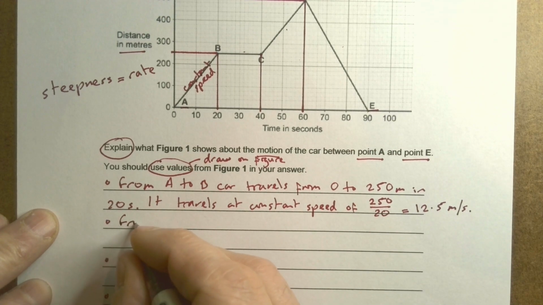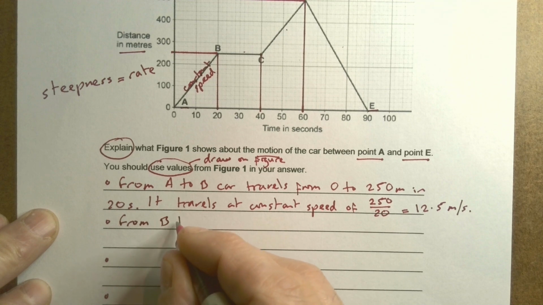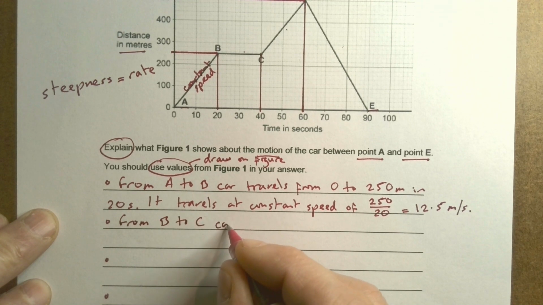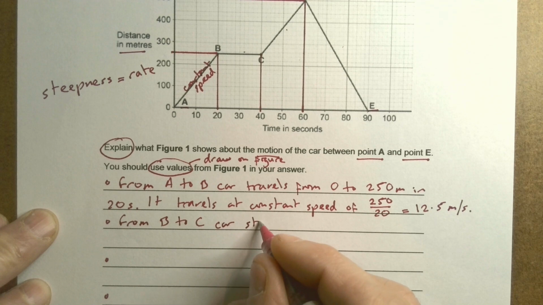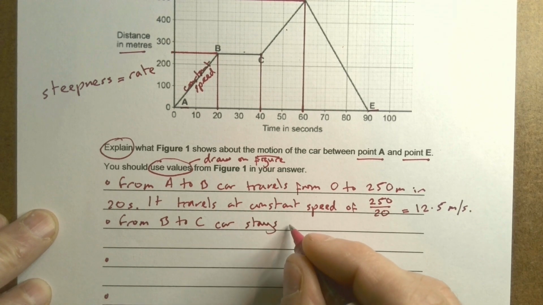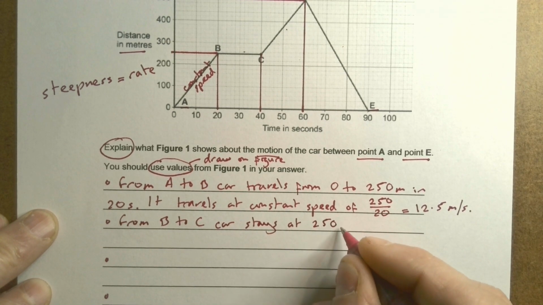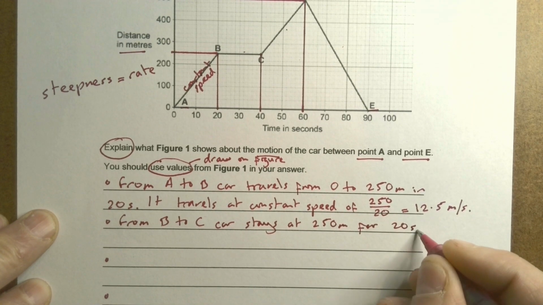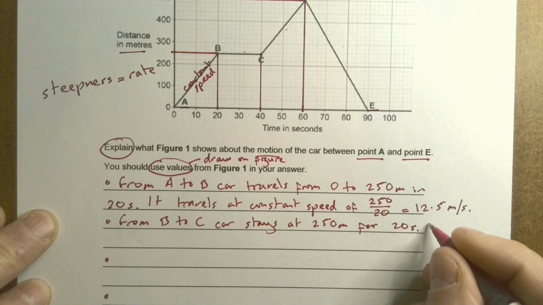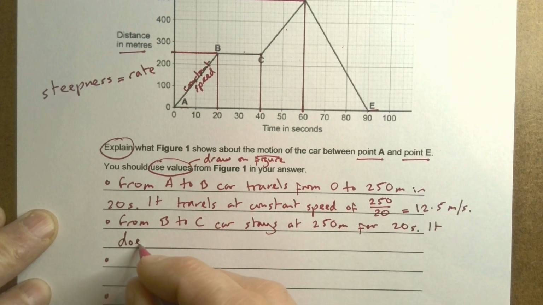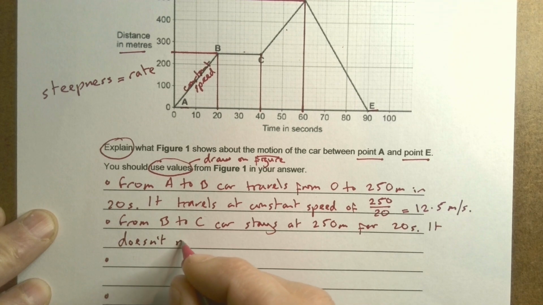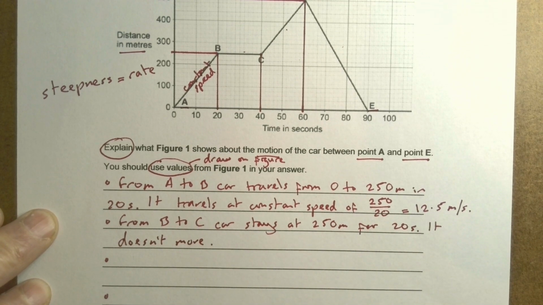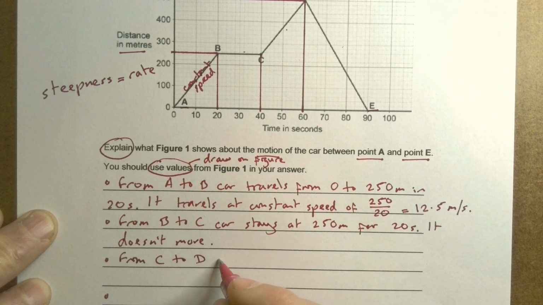So from B to C, car stays at 250 meters for 20 seconds. Okay, so it doesn't move. Another word for that is stationary. Then from C to D, car travels.